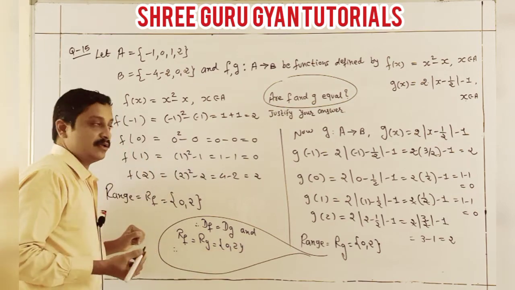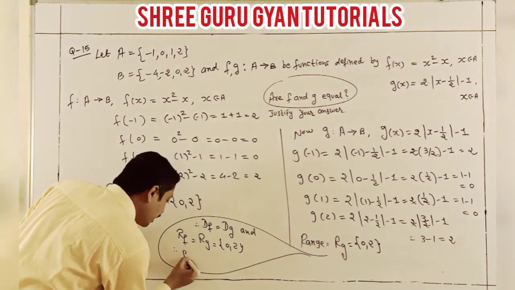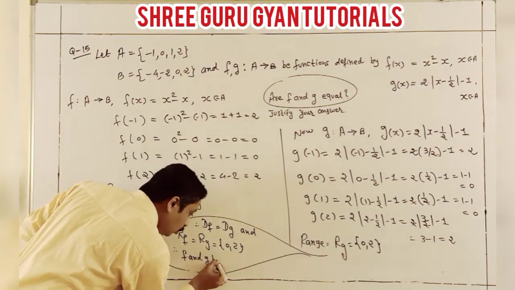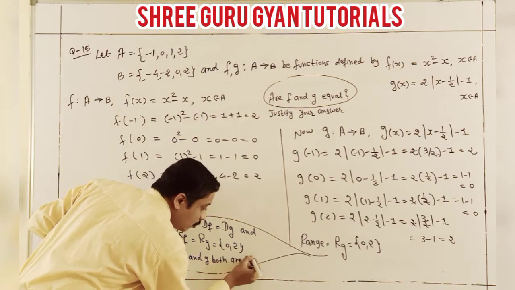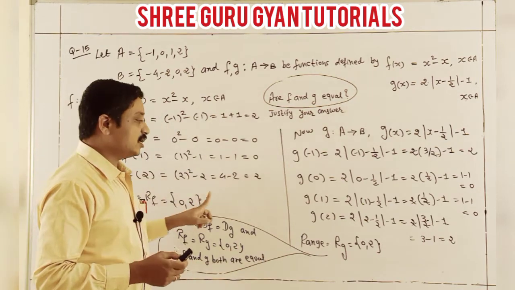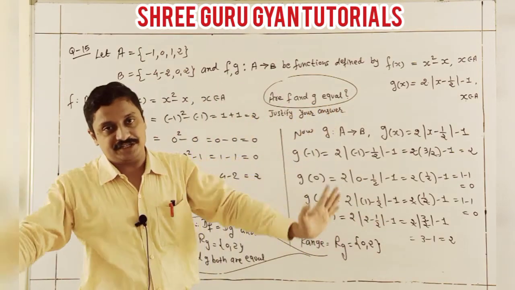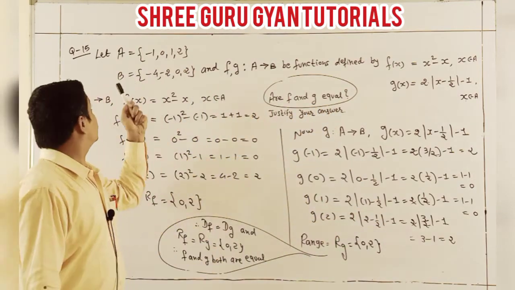Therefore, we can say f and g are equal. Therefore, f and g both are equal. And here, students, you are ending. If your range is not exactly the same, then it is not an equal function. Yes students. Now I am going to the next question, number 16.